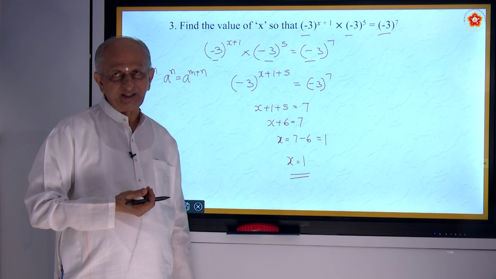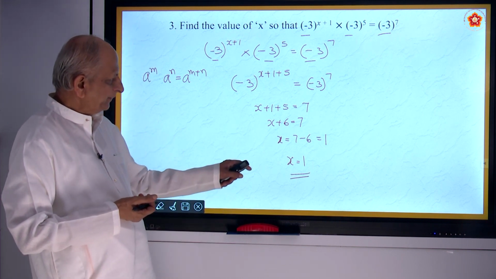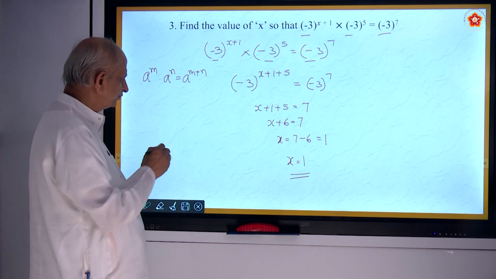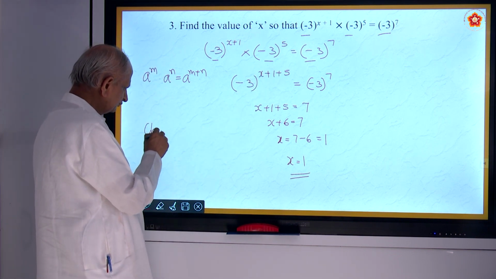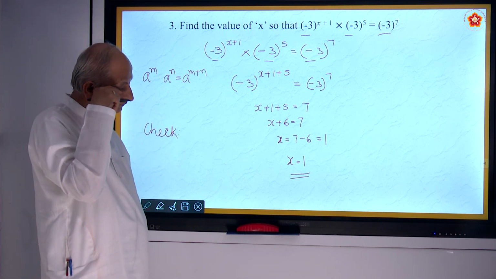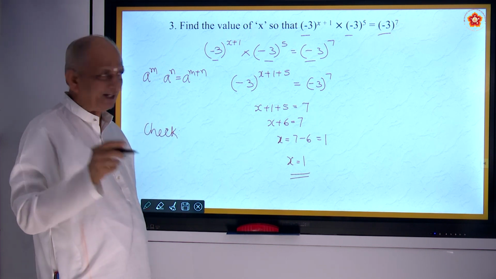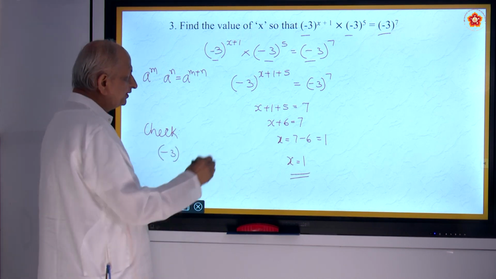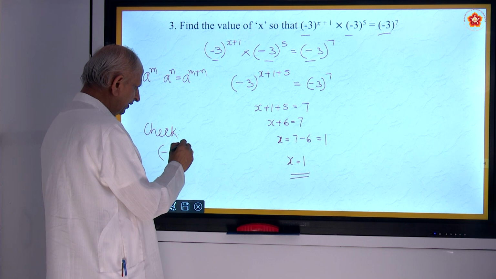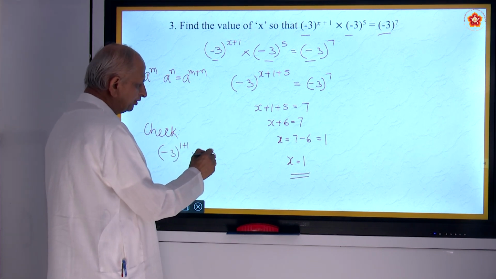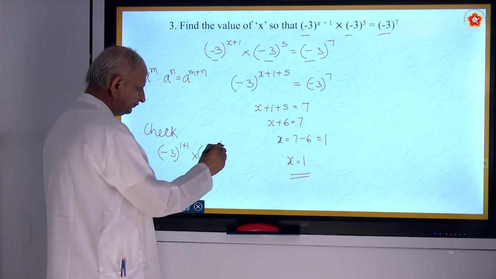Now you can check also. Suppose you apply it here. So, checking. Why do you check it? Just to find out whether it is correct or not. So minus 3 to the power of x is 1, so 1 plus 1 into minus 3 to the power of 5.